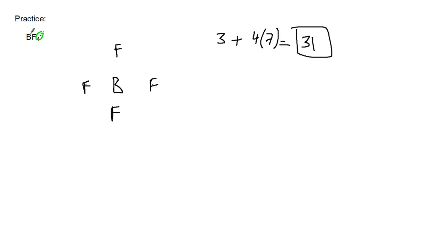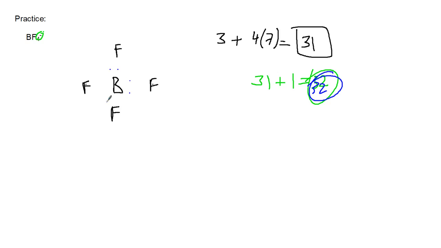BF4 minus is the boron tetrafluoride ion, right? So there's a minus here, and that means there's an extra electron. So 31 plus 1 is equal to 32 electrons.